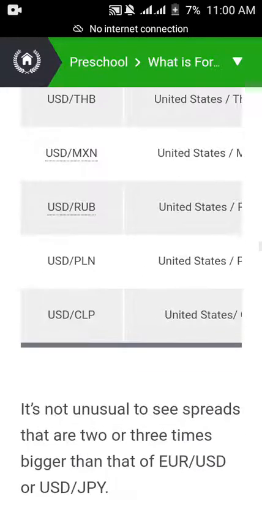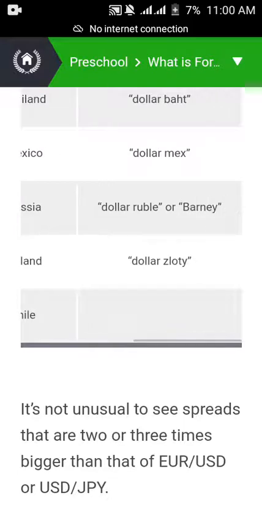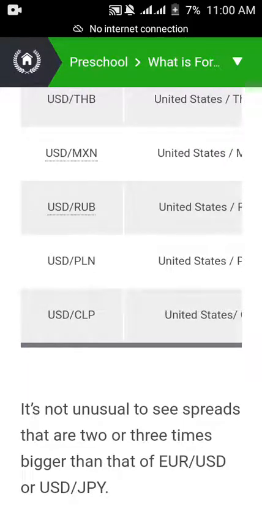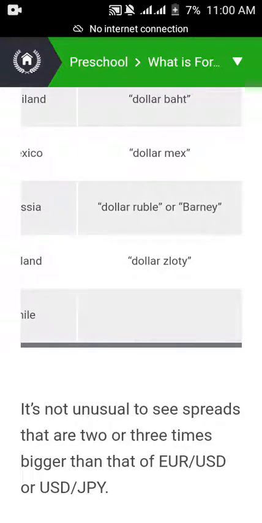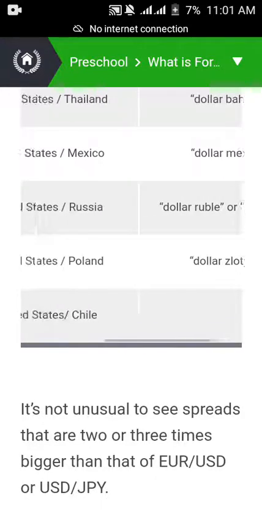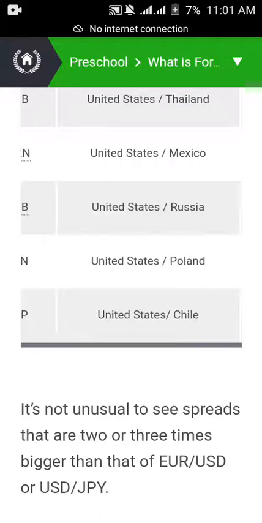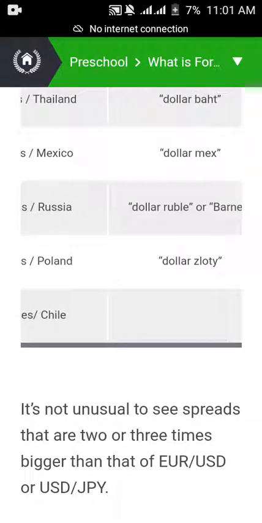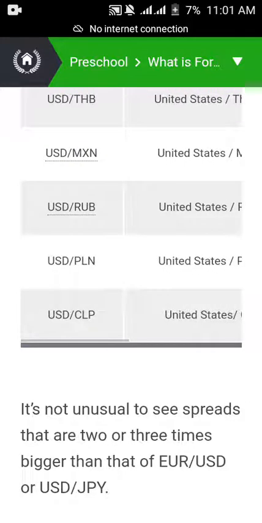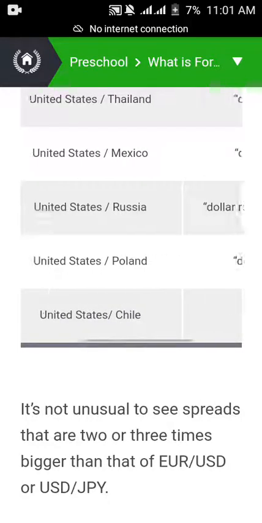Then we have the USD/MXN, which is United States and Mexico, dollar and Mex. Then we have the USD/RUB, which is United States and Russia, which is dollar, ruble, or Bunny. We have the USD/PLN, and the countries are United States and Poland, which is dollar and zloty. Then we have the USD/CLP, which is United States and Chile. We have no geek speak.